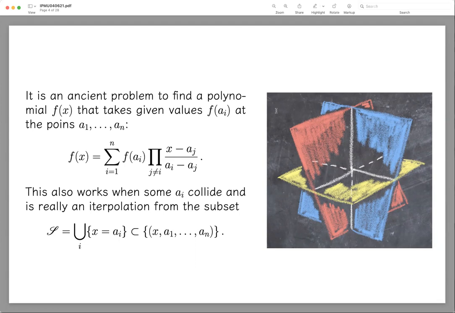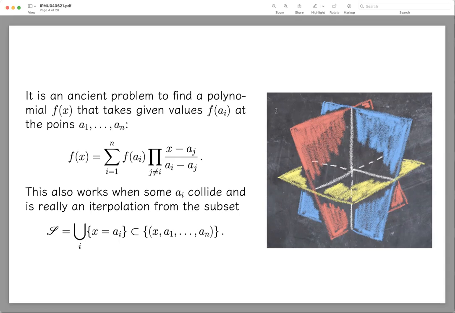And what this is, is interpolation from the locus. So this means I have some function prescribed on the locus where x is equal to one of the a_i, and if I have 3 points, this locus looks a little bit like what I've drawn here.